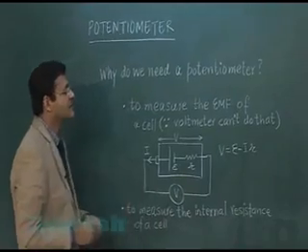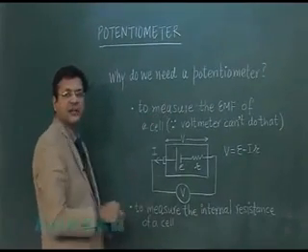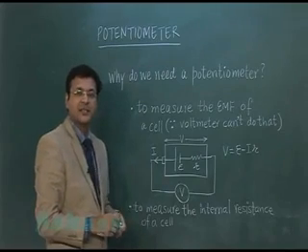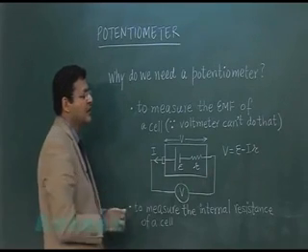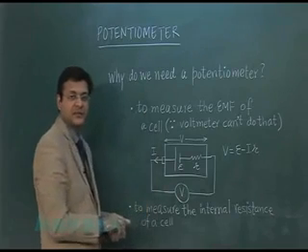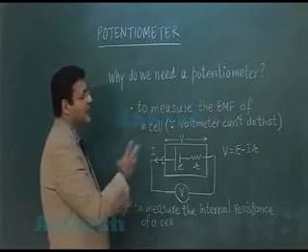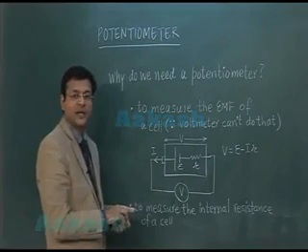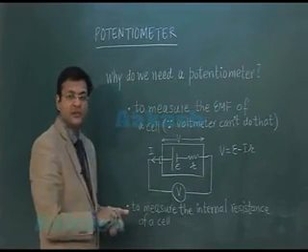These are the two main functions. In this function, when it's a question of measuring the EMF, you can further compare the EMF of two cells. So let us one by one try to see how these things can be achieved. But before that, we will have to draw the basic diagram of how a potentiometer looks like, what are the basic components of that.